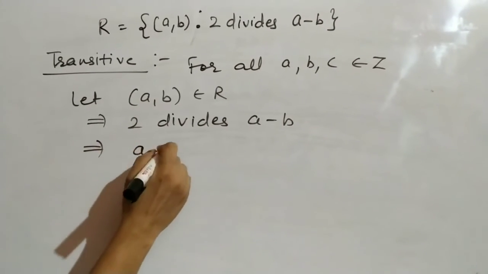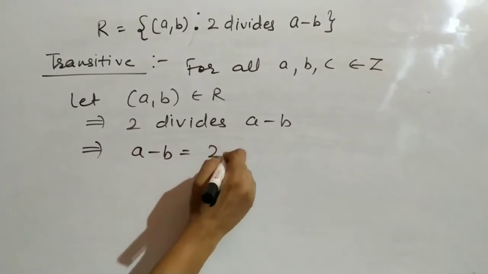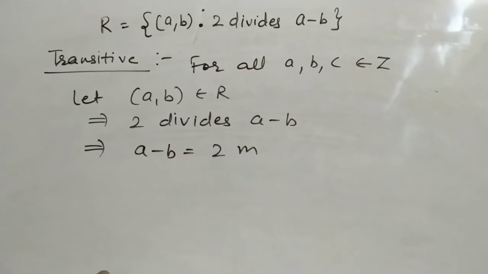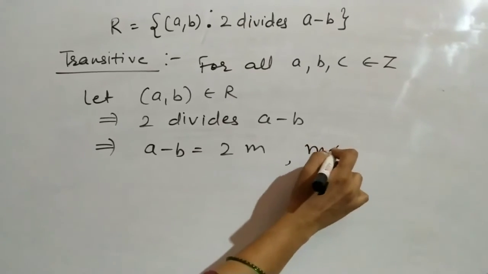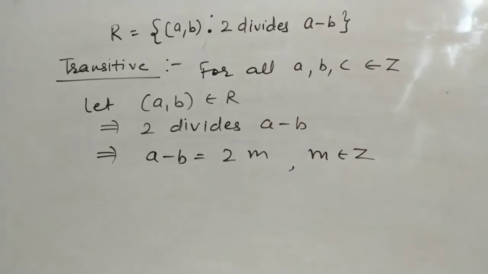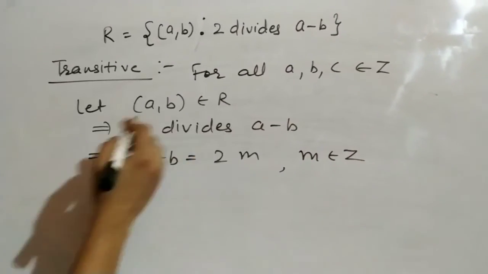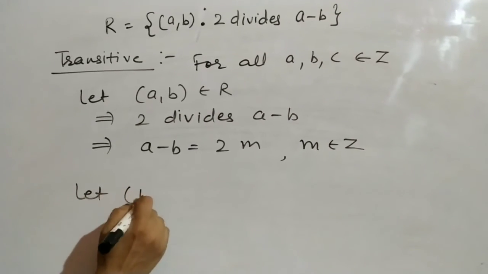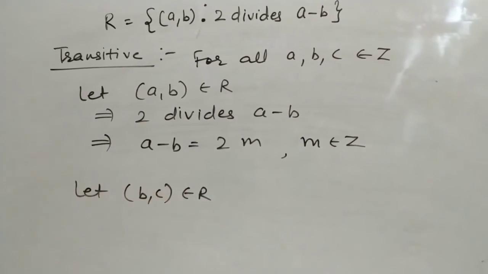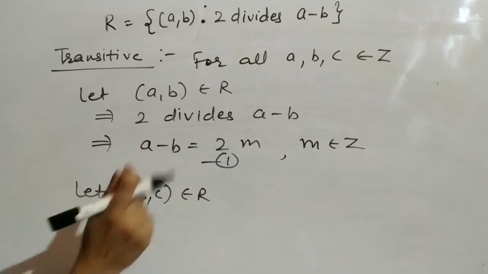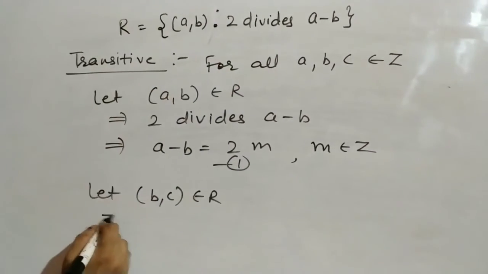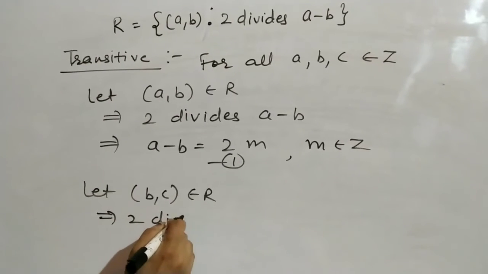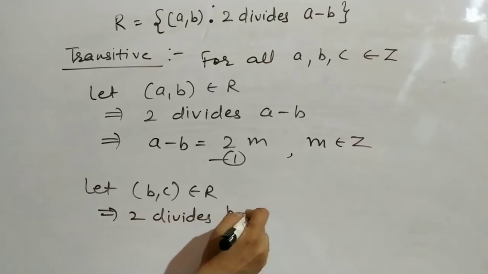It implies a minus b is equal to 2m, where m belongs to Z, m is any integer. In the same way, let b comma c belongs to R. If b comma c belongs to R, means 2 divides b minus c.